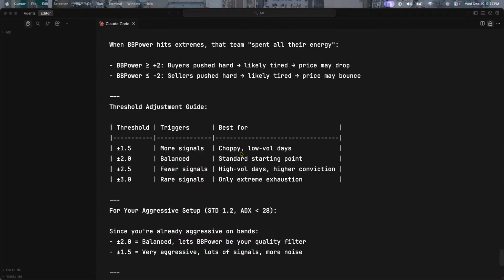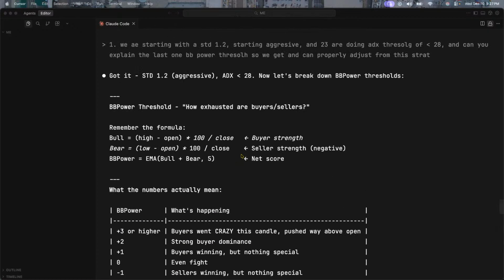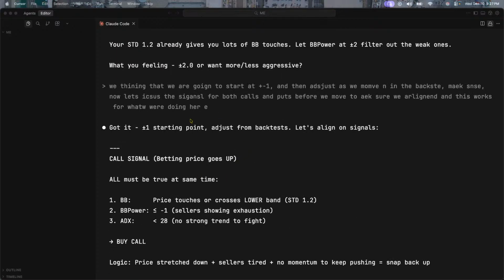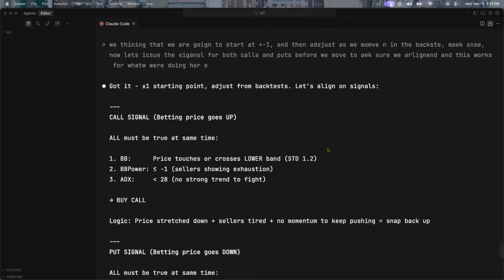All right, beautiful. We're having a strategy and it's coming along, ladies and gentlemen. So plus or -1 starting point and adjust from the back test. So for a call, the price touches the resistance, right? Excuse me, the price touches the support because we're betting that the price goes back up. So the price touches the support or crosses the lower band with the standard deviation of 1.2. Again, it's super tight, right?